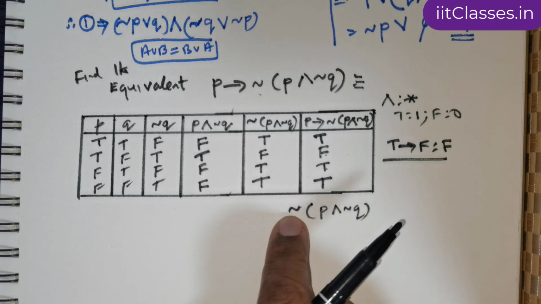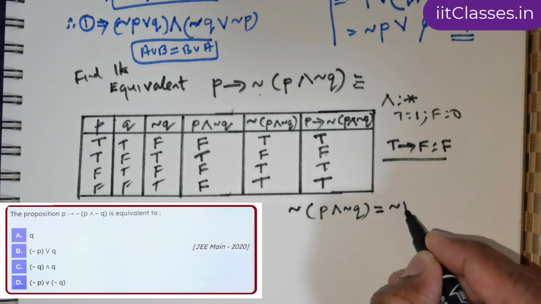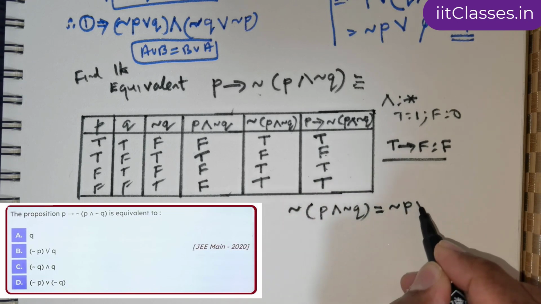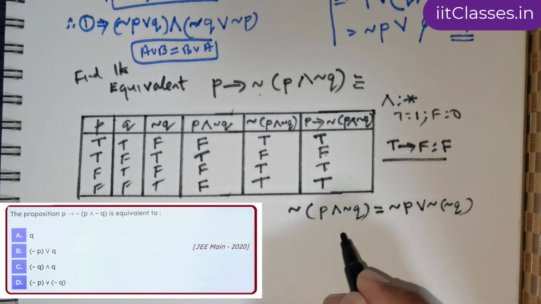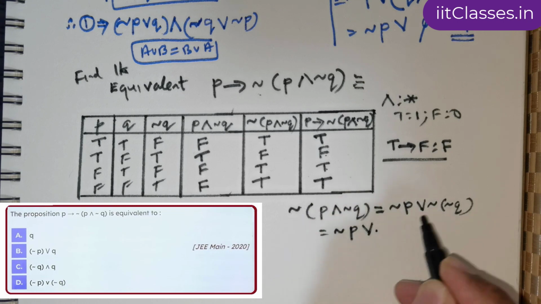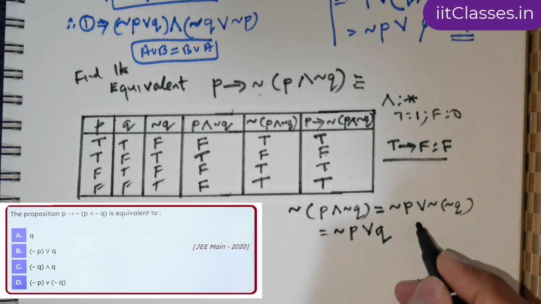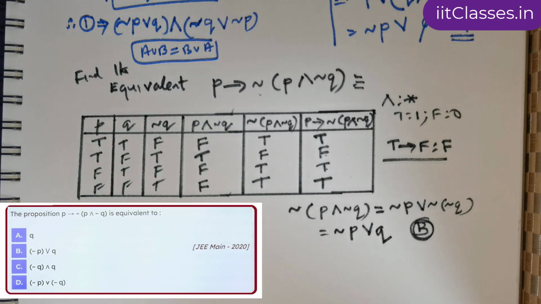So if you have to distribute this negation all throughout, this is going to be negation of P. When the negation hits conjunction, it will become disjunction, and you have negation of negation Q. This is equal to negation of P disjunction, negation of negation Q is going to be Q, and the correct choice is going to be option B for this question.